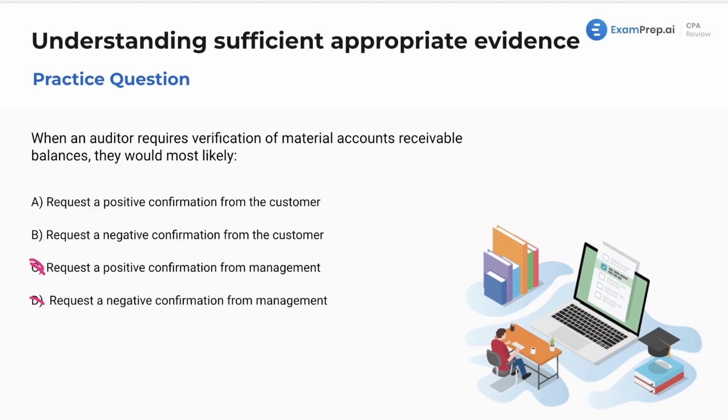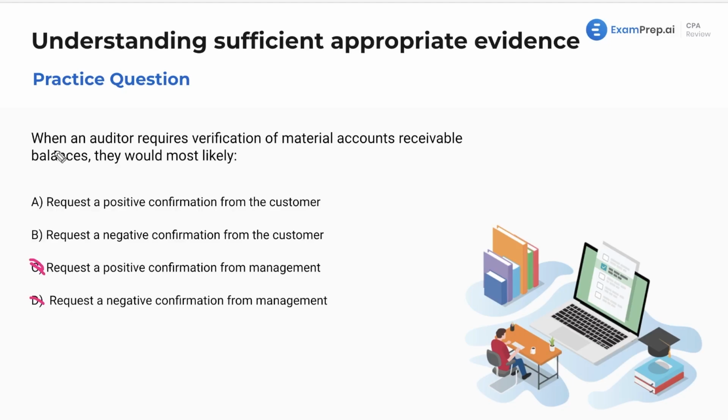A positive confirmation requires more effort on the part of the customer. It requires the customer to say, yes, okay, we do owe them $100. Whereas the negative confirmation is only going to be submitted back to you as the auditor if the customer says, no, that's not correct, we don't owe them that. With a negative confirmation, if the amount's correct, they're just not going to respond to you.